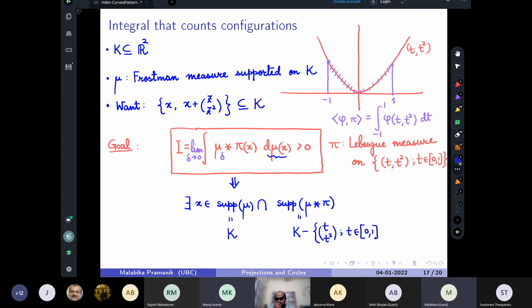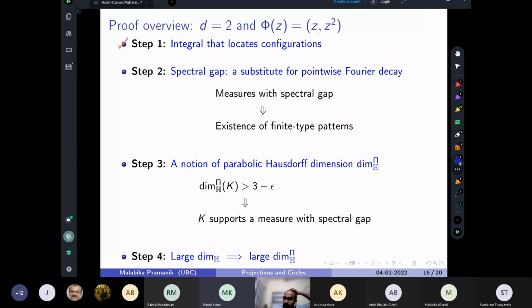Okay, so our goal is to prove the positivity of the configuration integral. All right. Now, going back to the proof overview, the next step, and this is one of the really novel contributions of the work of Kuca, Orponen, and Sahlsten, is to identify this property called a spectral gap.